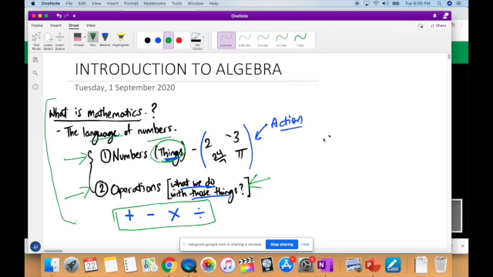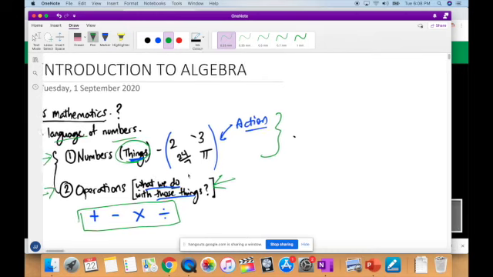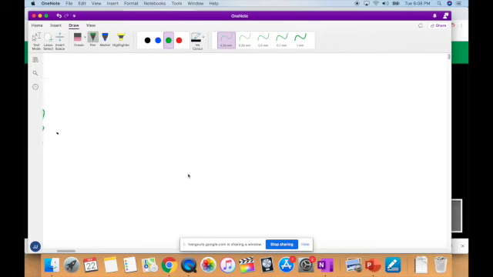The thing is that sometimes these numbers can be unknown, so we end up having to use letters to represent unknown numbers.